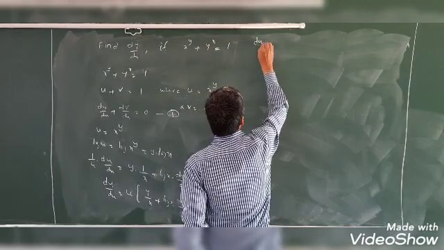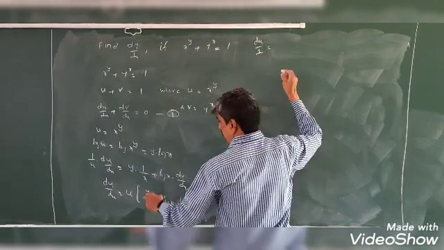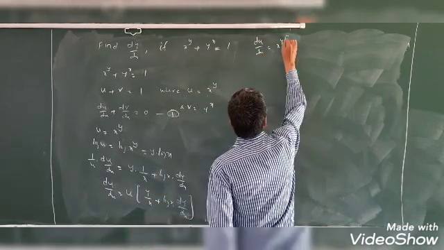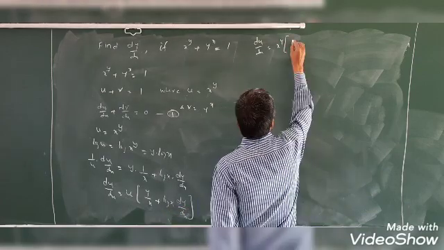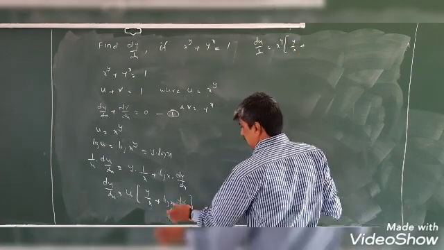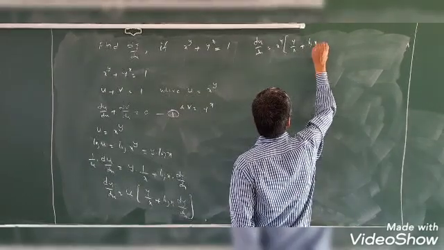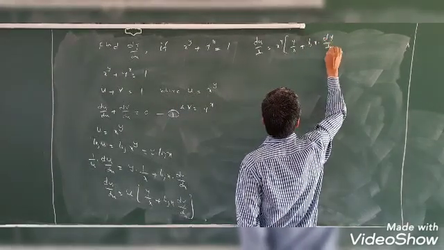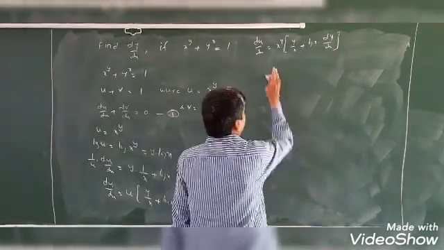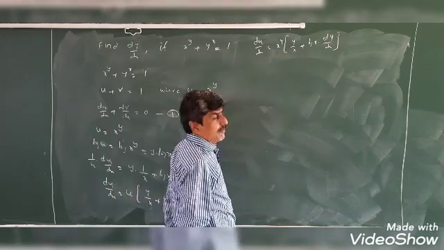So du by dx is equal to x power y into y by x plus log x into dy by dx. Take this x power y inside the bracket.